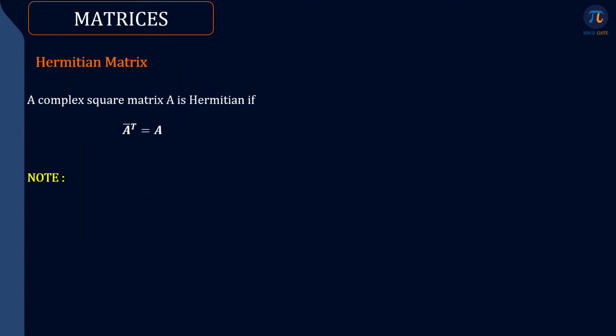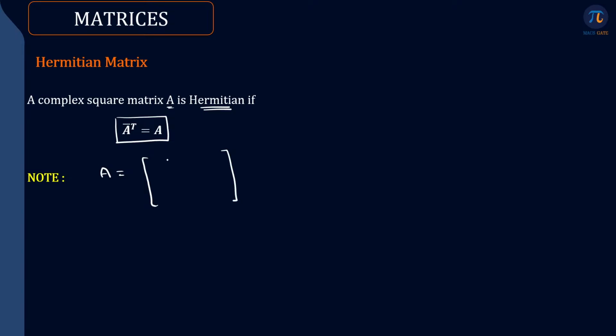What is a Hermitian matrix? A complex square matrix A is Hermitian if the conjugate transpose is the same as matrix A. Conjugate transpose is the same as matrix A, then we call it a Hermitian matrix. So what is the condition for a Hermitian matrix, sir?